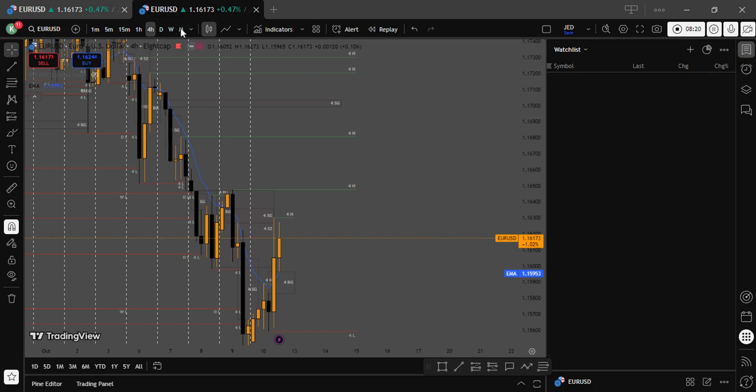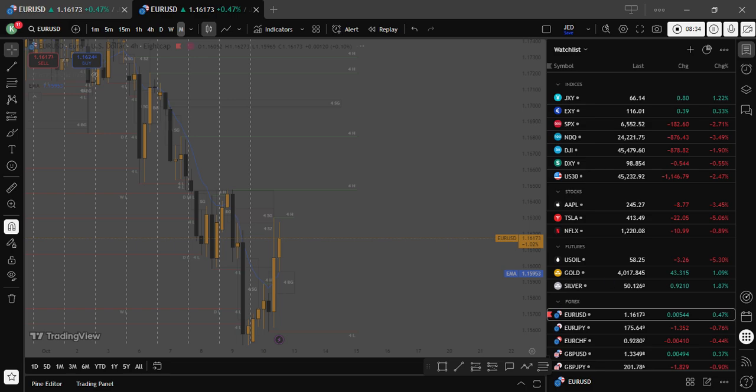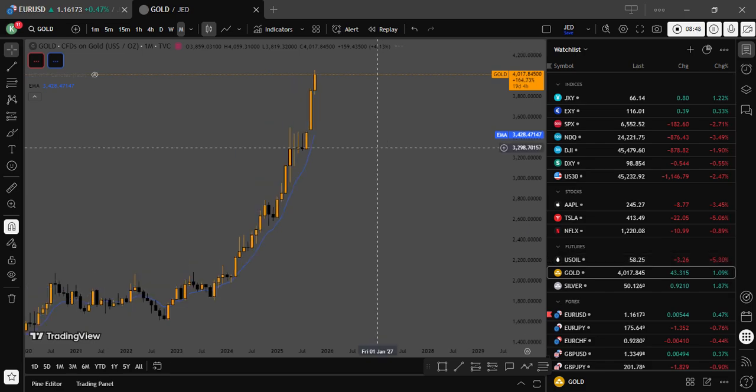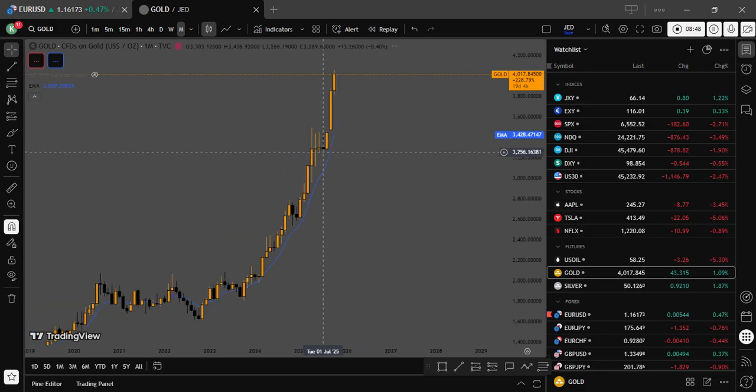If we're expecting for gold throughout the week, gold wasn't bullish, I think, in the starting of the year. It was bullish though.